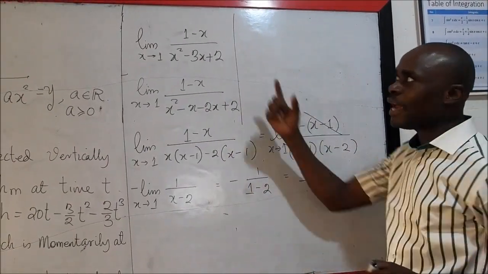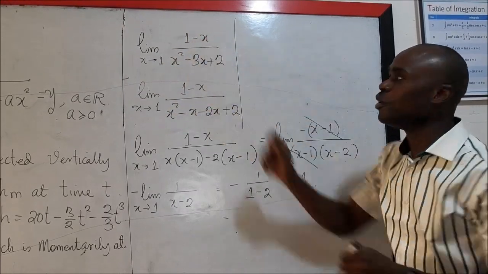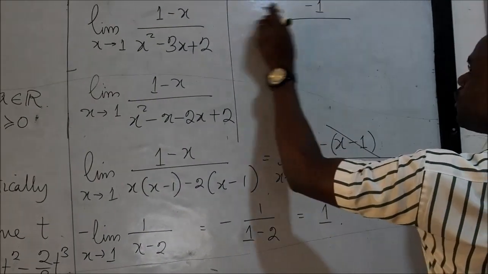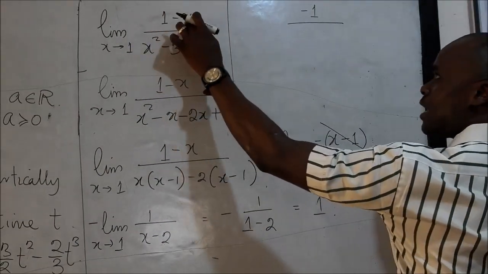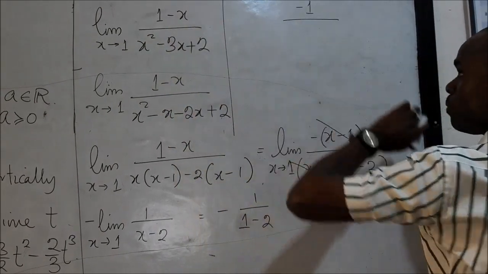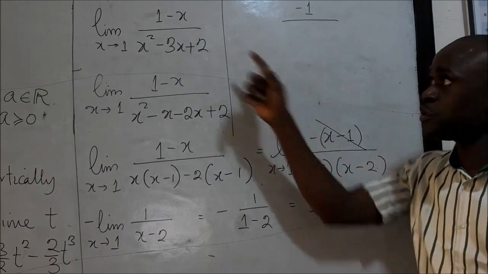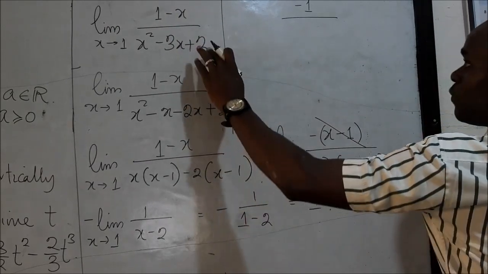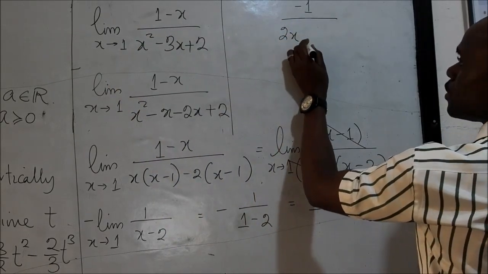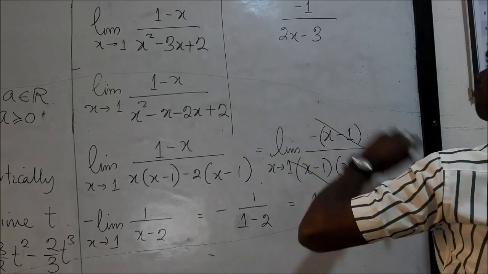So if we apply the L'Hôpital rule here, we can differentiate the numerator, and that is going to give us minus 1. This is going to be 0, and this is going to be minus 1. Please try to check my video on elementary differentiation to understand that. Now, if we differentiate the denominator, this is going to give us 2x minus 3.